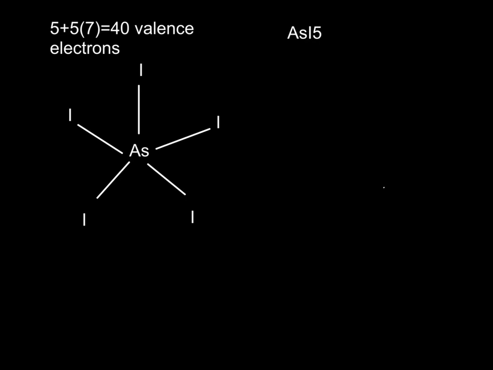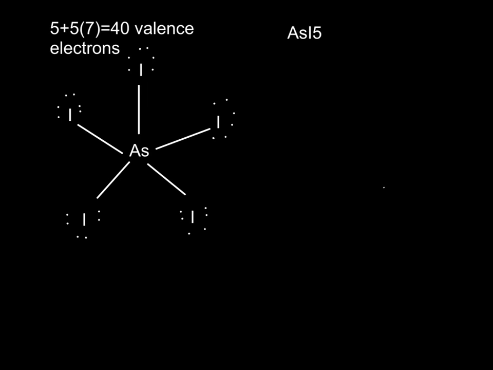So starting with the bonds, I have 2, 4, 6, 8, 10 electrons about the central atom, and then I'm going to add 2, 4, 6, 8, 10, 12, 14, 16, 18, 20, 22, 24, 26, 28, 30, plus the 10 that I have about the arsenic. So that gives us a total of 40 valence electrons in our Lewis structure.